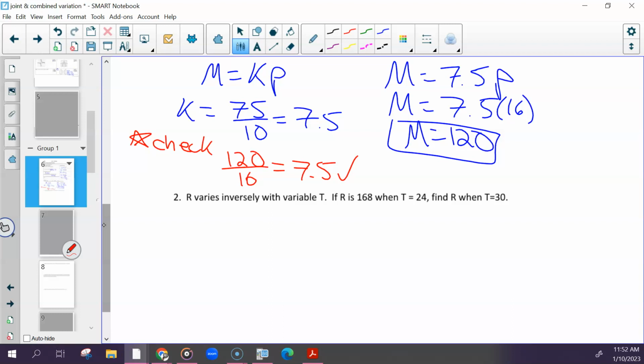For the second one, r varies inversely with variable t. R would be like our y, t would be like our x. How would we write that equation? R equals k over t.